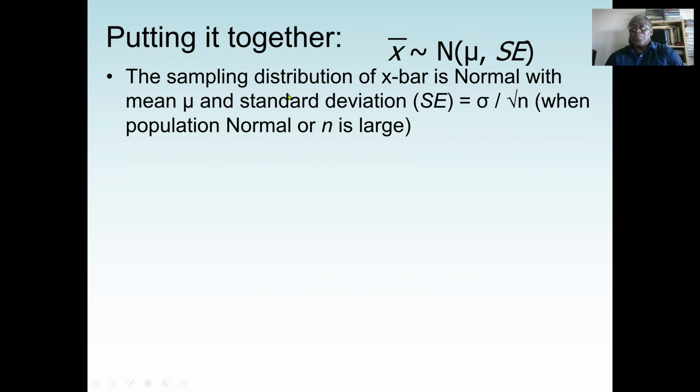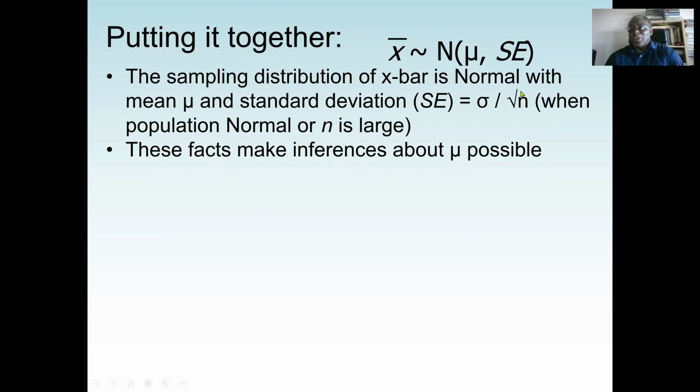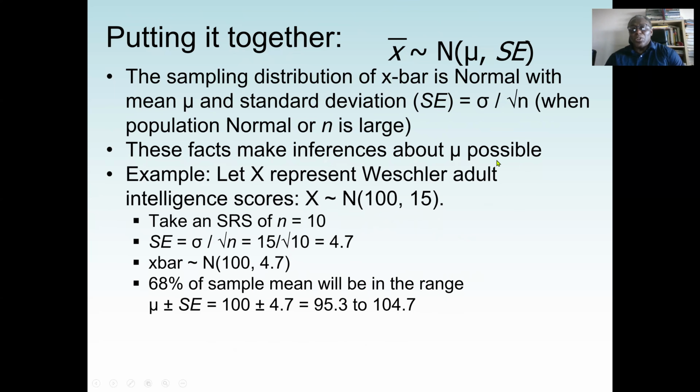So here we say the sampling distribution of X bar is normal with the mean of mu, the population mean. And the standard deviation is the standard error, which is the population standard deviation divided by square root of n. So as n gets larger, the standard deviation of the sample gets smaller. So this makes inference about mu possible.